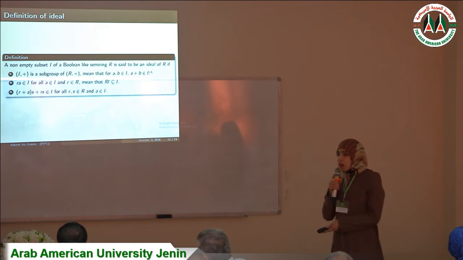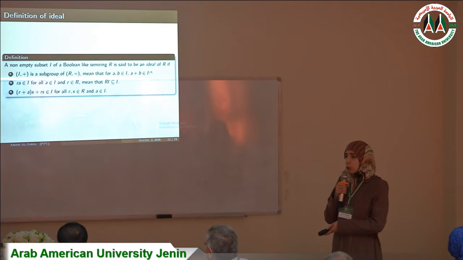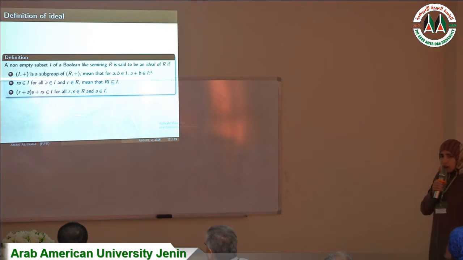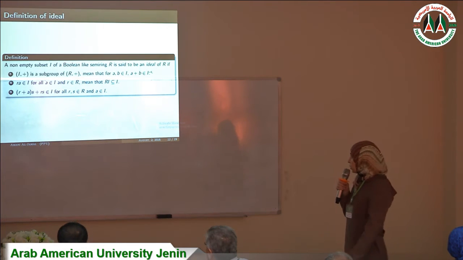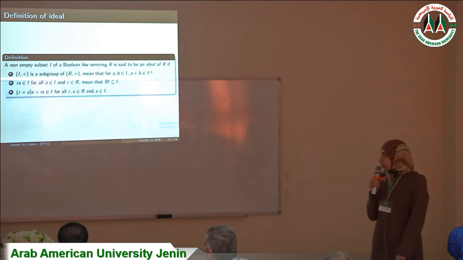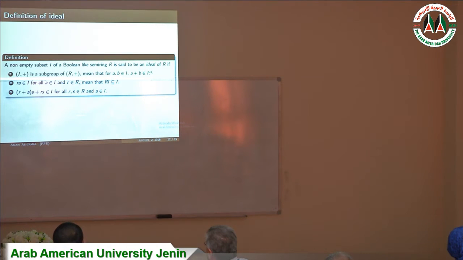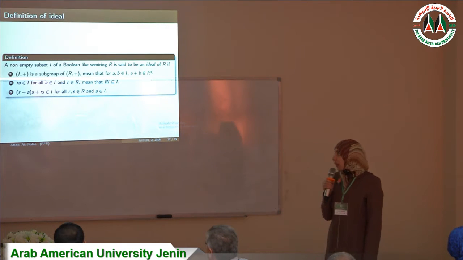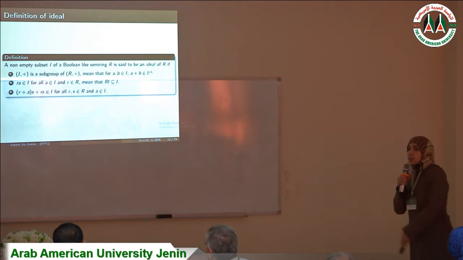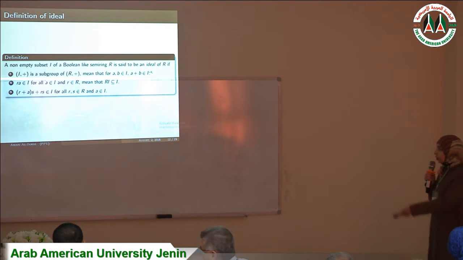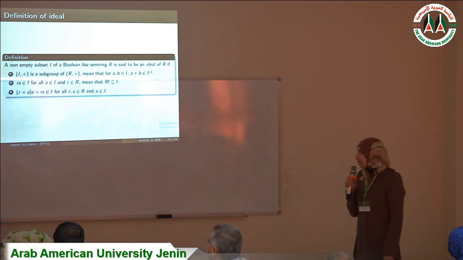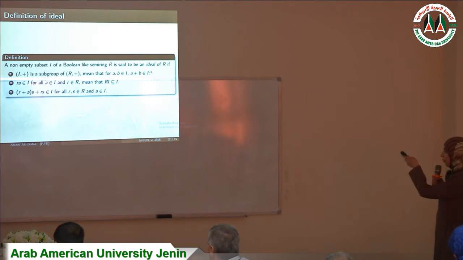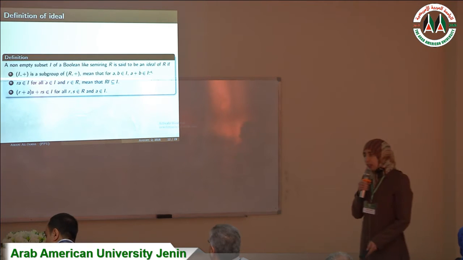One, I under addition is a subgroup of R under addition, meaning that for all A, B in I, A plus B is also in I. Condition 2, RA belongs to I for all A in I and R in R, meaning that the set RI is a subset of I. And the third condition, (R plus A)S plus RS belongs to I for all R, S in R and for all A in I.